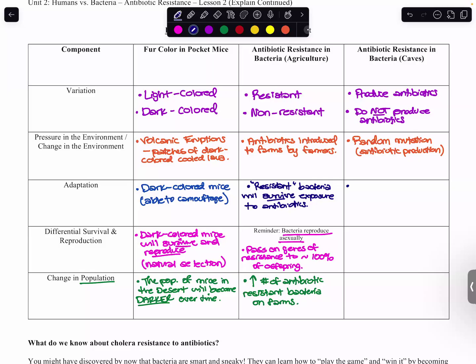So the adaptation here is that bacteria that produce antibiotics outcompete, right?